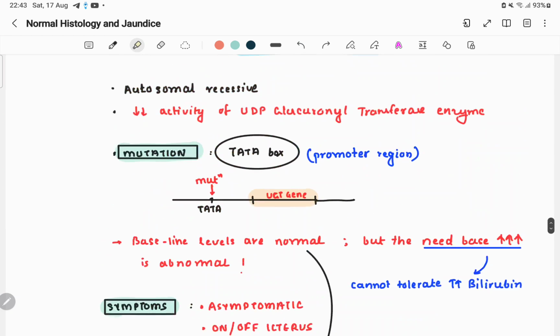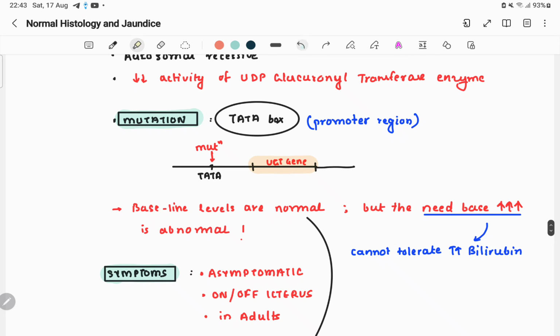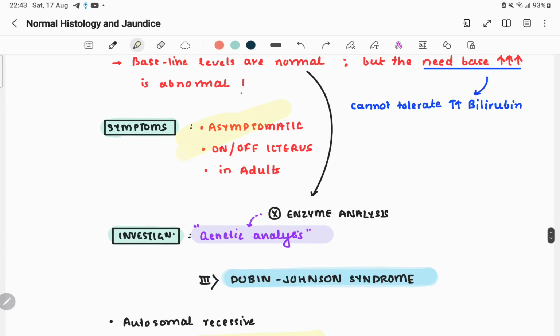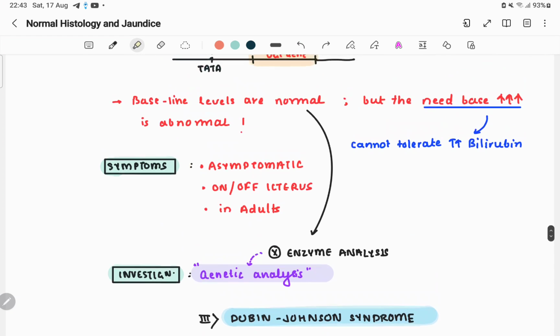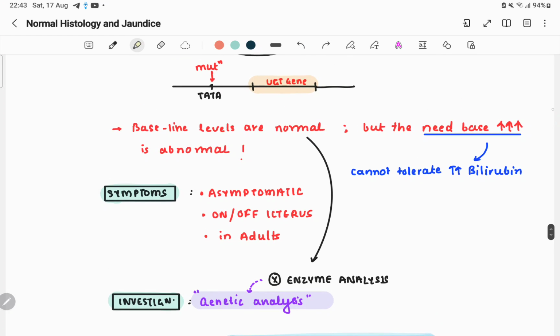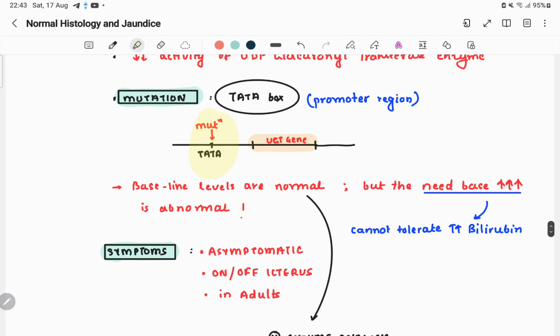So there is asymptomatic on-off icterus in adults, and the baseline levels are normal. Since the baseline bilirubin levels are normal, enzyme analysis won't play any role here. So the investigation of choice is the genetic analysis, in which I analyze the TATA box.